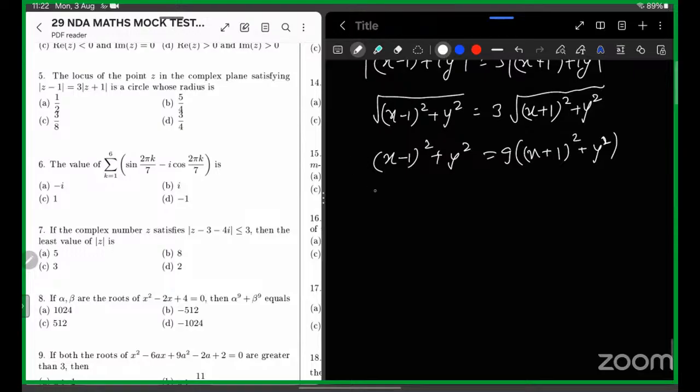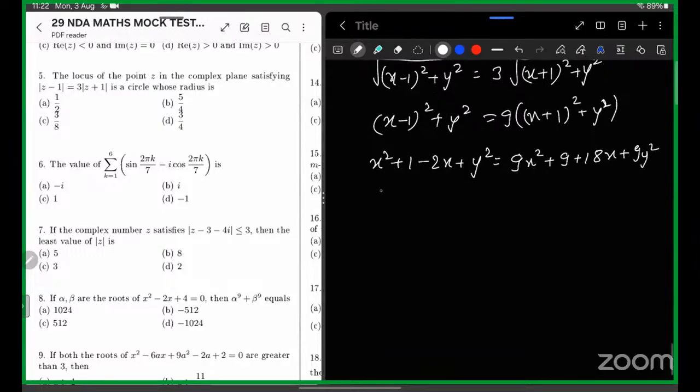So I need to simplify it. So I am going to get x square plus 1 minus 2x plus y square equal to 9 times x square plus 9 times 1 plus 18x plus 9 times y square.